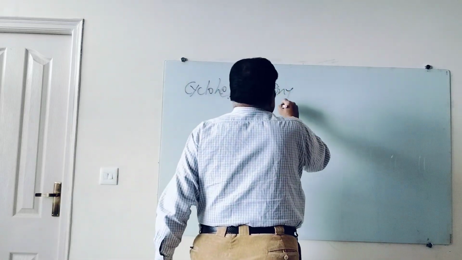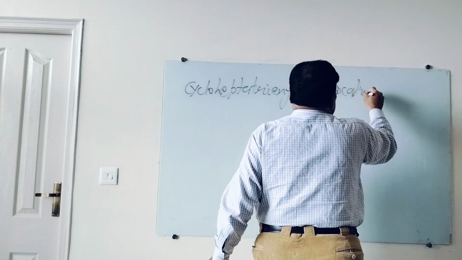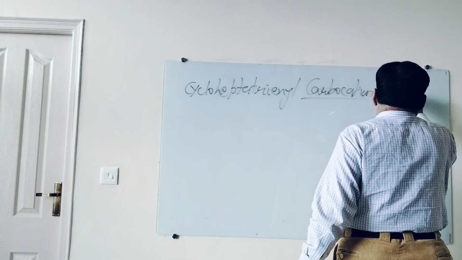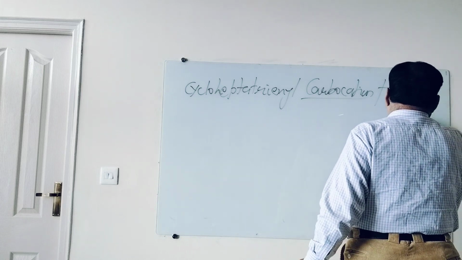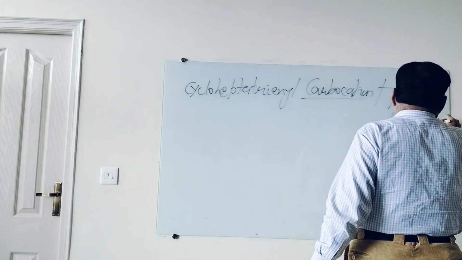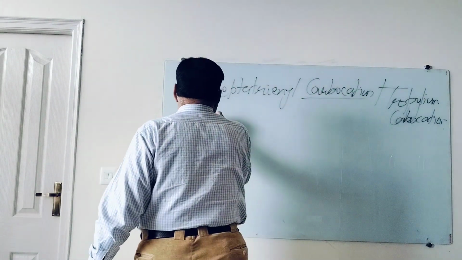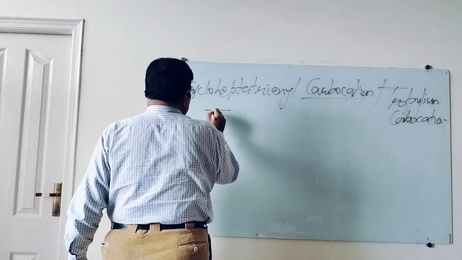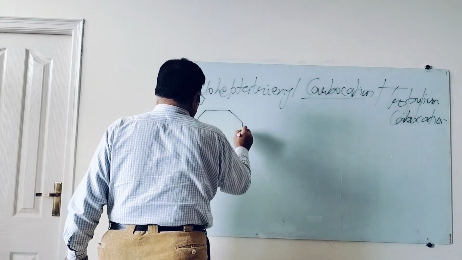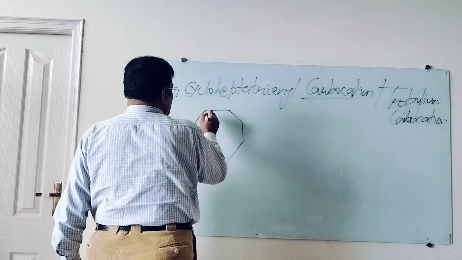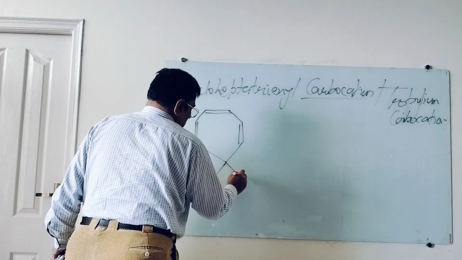Cycloheptatrienyl carbocation, or tropylium carbocation. That is a 7-membered ring. You see this. What is this compound?